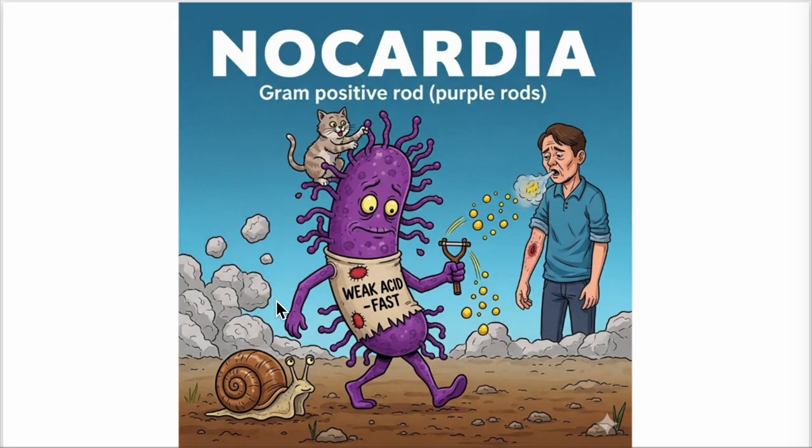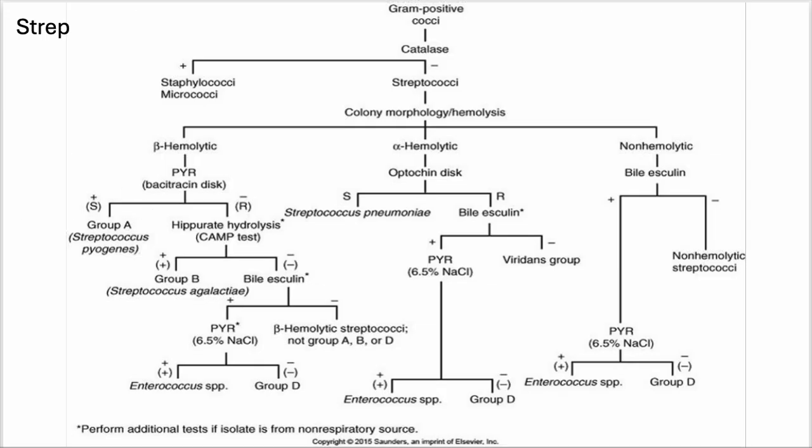Let's see, chalky, crumbly, waxy colonies. It's also a slow grower. That's what the snail is here. With Nocardia, are we catalase positive? Hold on one second.